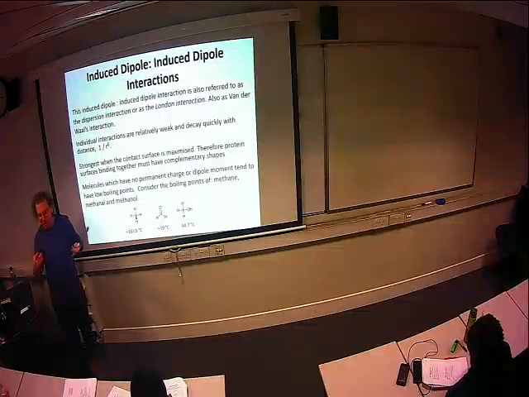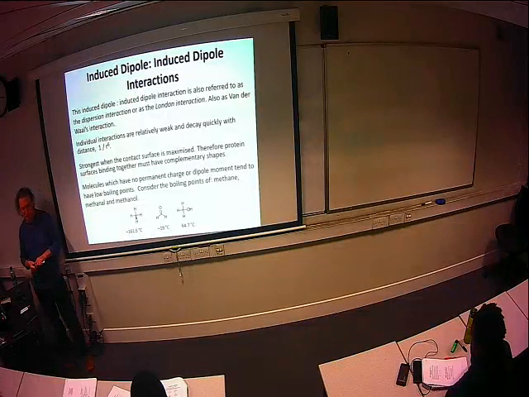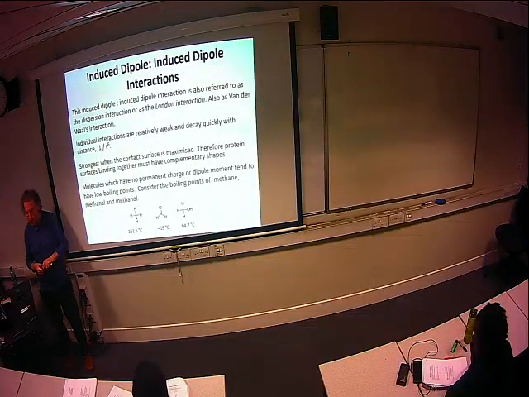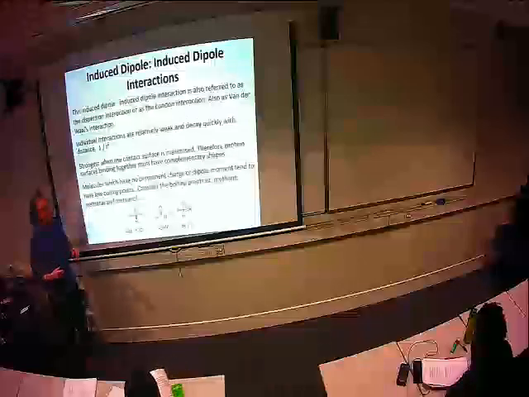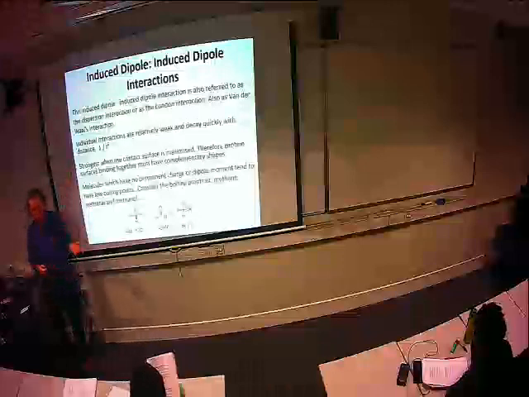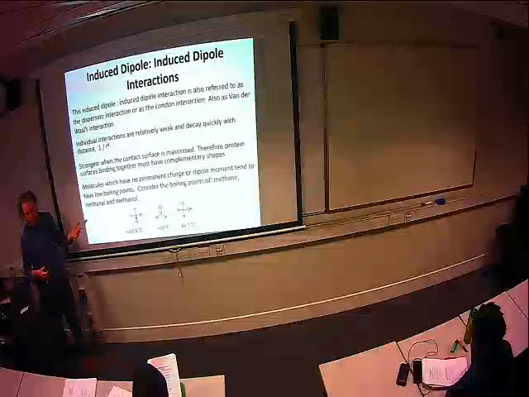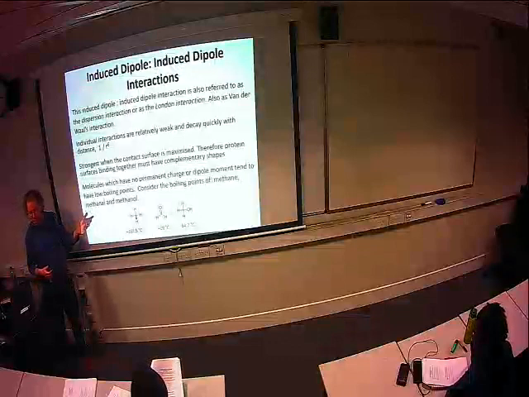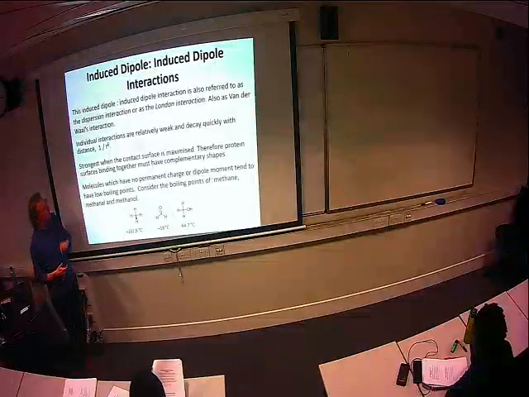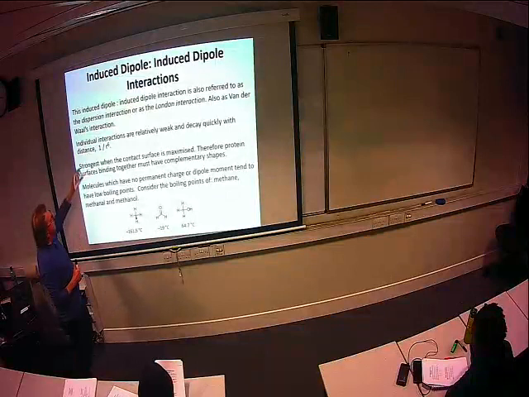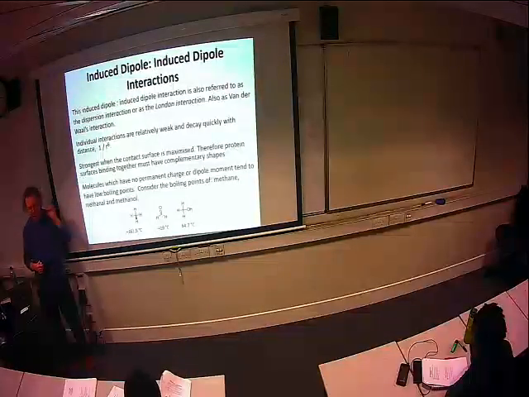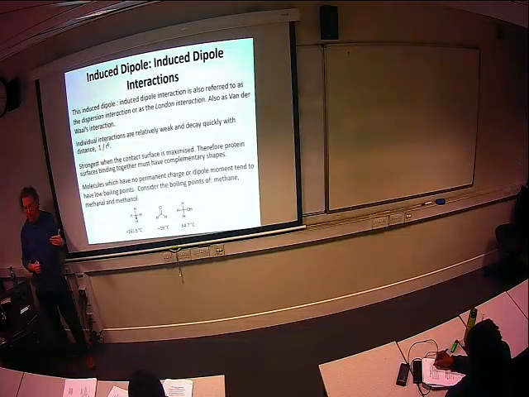There are various names for this type of thing, and there may be slight differences in the definitions, but you might see them described as dispersion interactions, London interactions, and quite commonly as van der Waals interactions as well. They're very weak, and they only work at very close range.